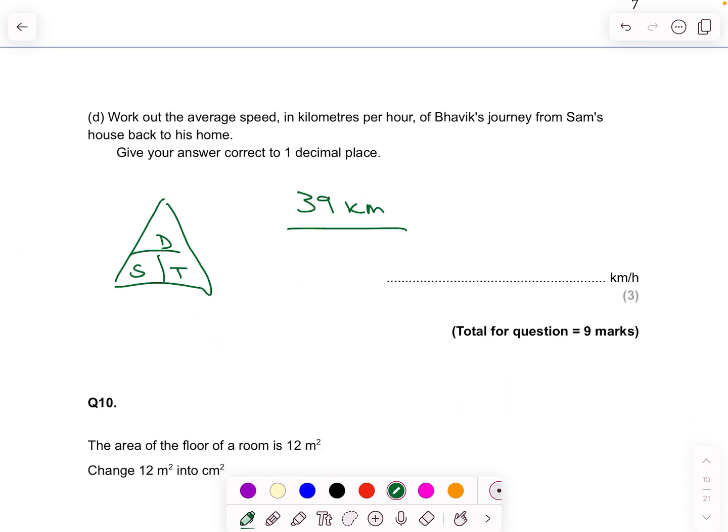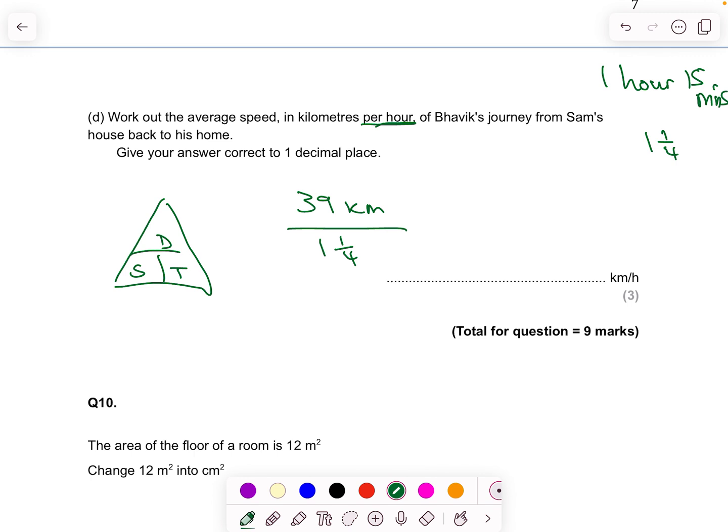What does it want it in? It wants it in kilometres per hour. So an hour and 15 minutes is an hour and a quarter, or 1.25 hours. It's up to you. You can put it as an hour and a quarter, or you could put it as 1.25. Remember, it is not the same as 1.15, okay?